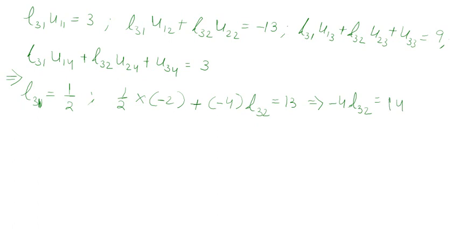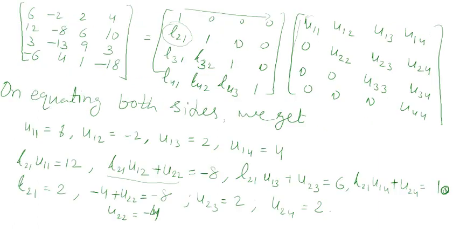So this implies L32 equals minus 7 by 2. What we have obtained is U22, and L21 is 2.